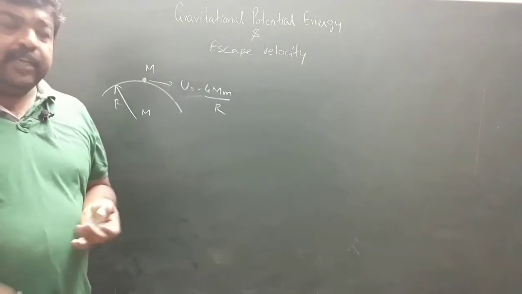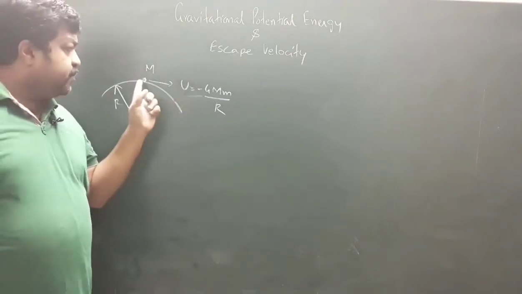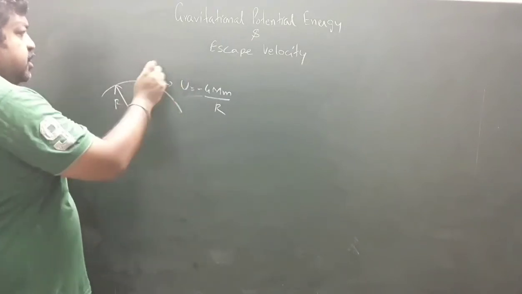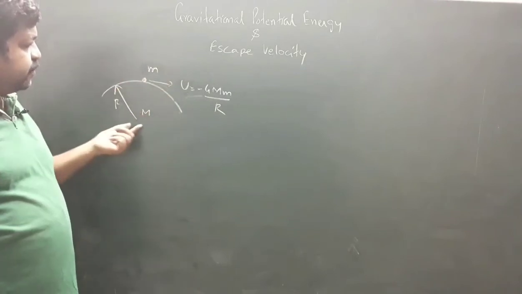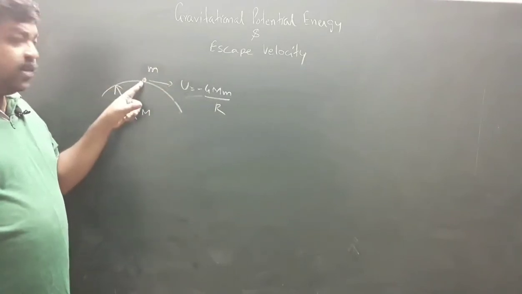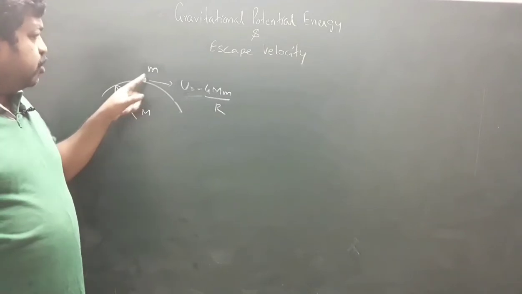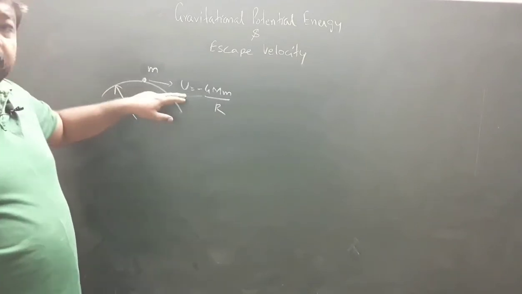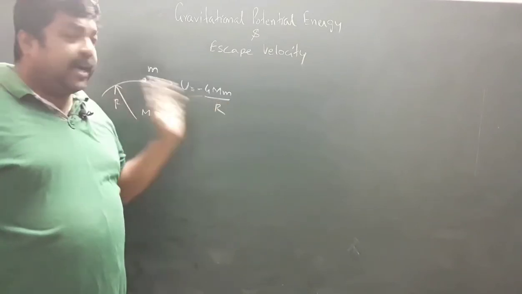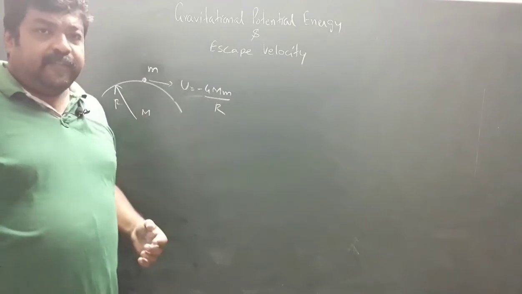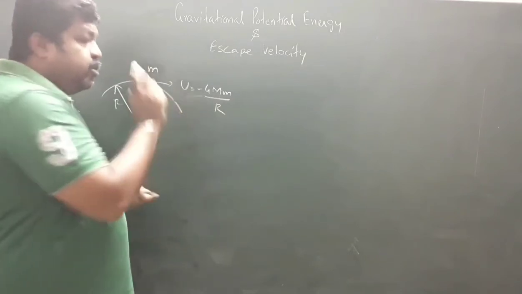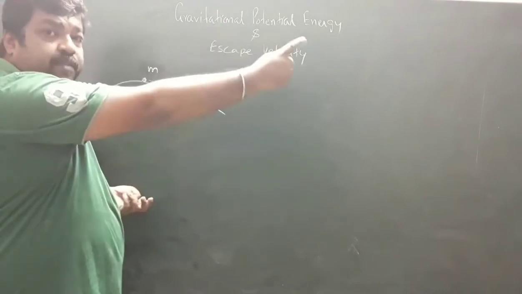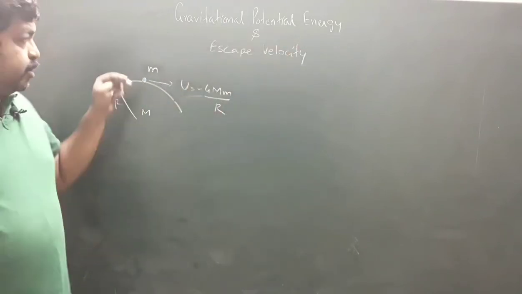So just now we have seen the gravitational potential energy on the surface of Earth. Now suppose this is the Earth of mass M, radius R, and you have a body of mass small m on the surface. So gravitational potential energy on the surface is minus GMm by R. This is the amount of work done in bringing this mass from infinity to the surface.